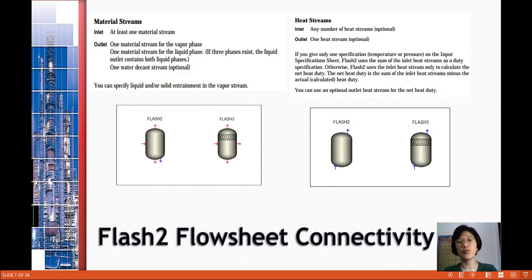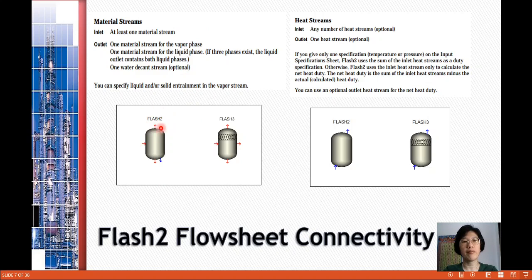This is the flash flowsheet connectivity. Typically, once you choose the model, either Flash2 or Flash3, you have to put in the material streams.